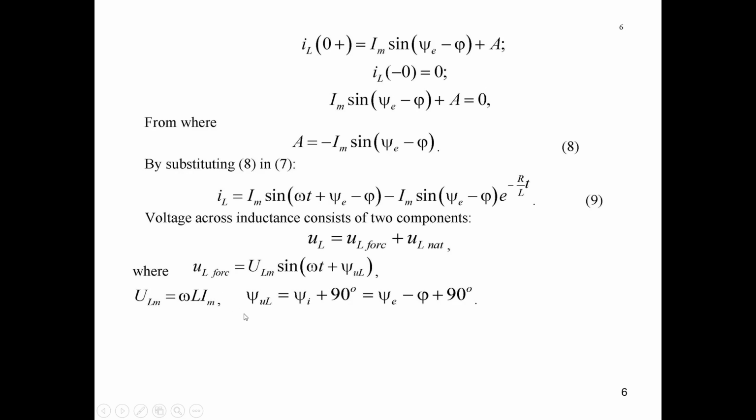So its initial phase will be 90 degrees bigger than the initial phase of current. So we can write down that psi UL equals psi IL plus 90 degrees, where psi IL equals psi E minus phi, and plus 90 degrees.